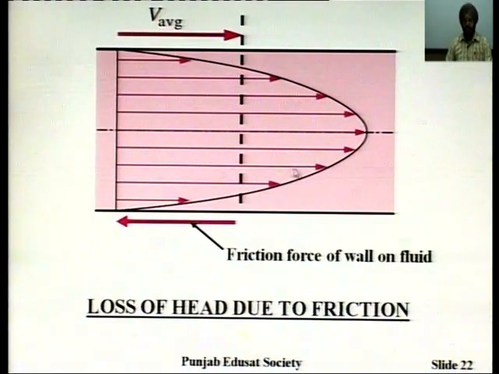So these are showing the velocity of flow in this direction, and we all know the frictional force is always in the reverse direction of this velocity of flow, so it will be in the left direction. So this arrow indicates the frictional force of wall on the fluid. So this diagram clearly explains how this friction force opposes this velocity of flow.